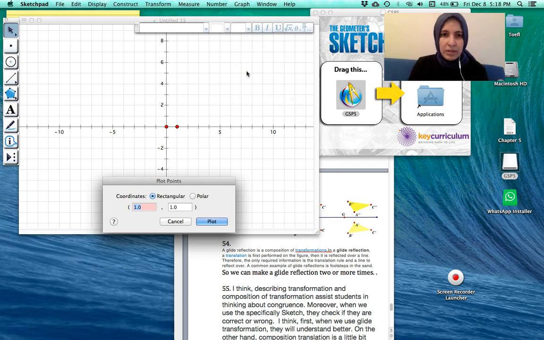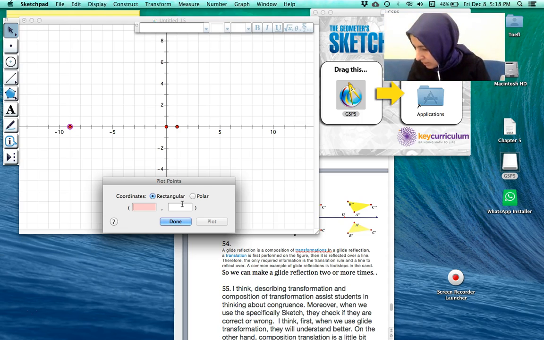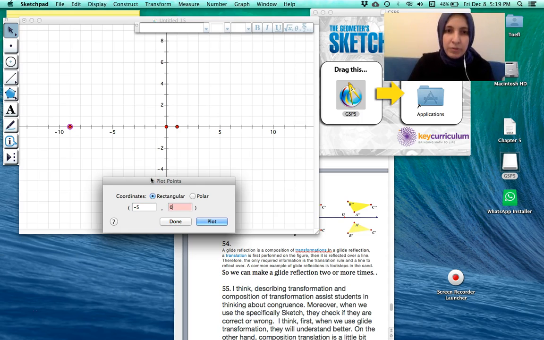My points are: (-9, 0), then (-5, 0), and point C is (-7, 3).